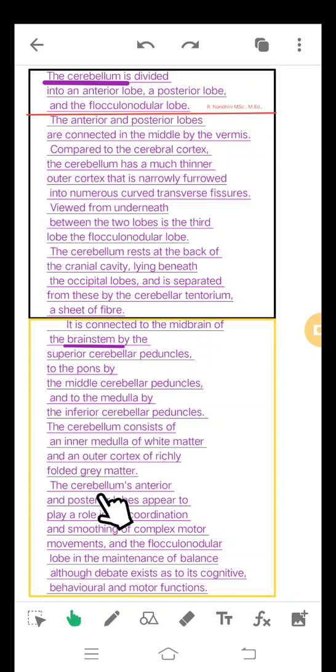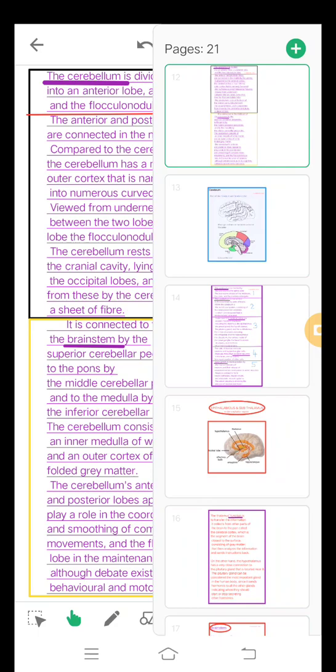Then, the cerebellum's anterior and posterior lobes appear to play a role in coordination and smoothing of complex motor movements, and the flocculonodular lobe in the maintenance of balance, although debate exists as to its cognitive, behavioral and motor functions.